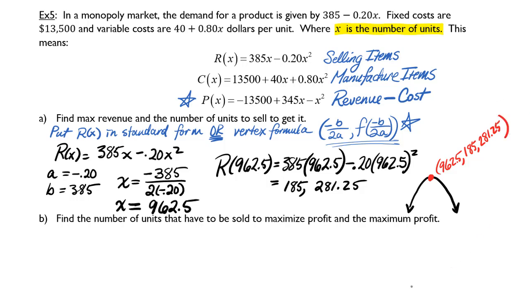So the maximum revenue would be $185,281.25. The number of items to get a maximum revenue would be 962.5 items.